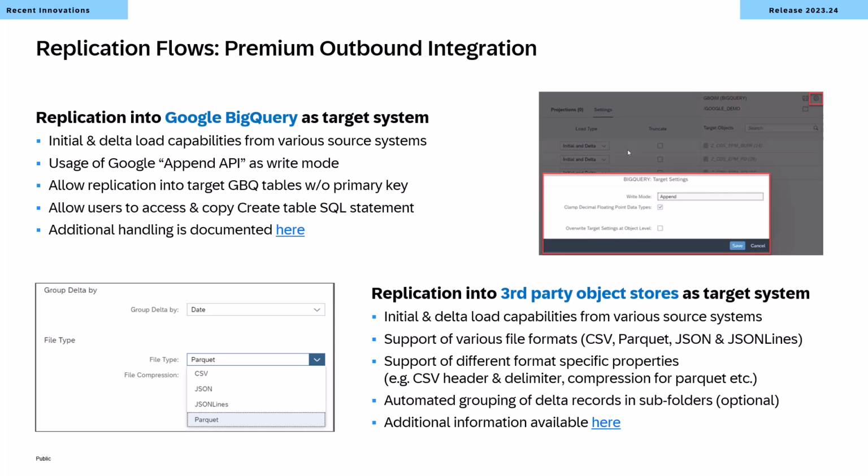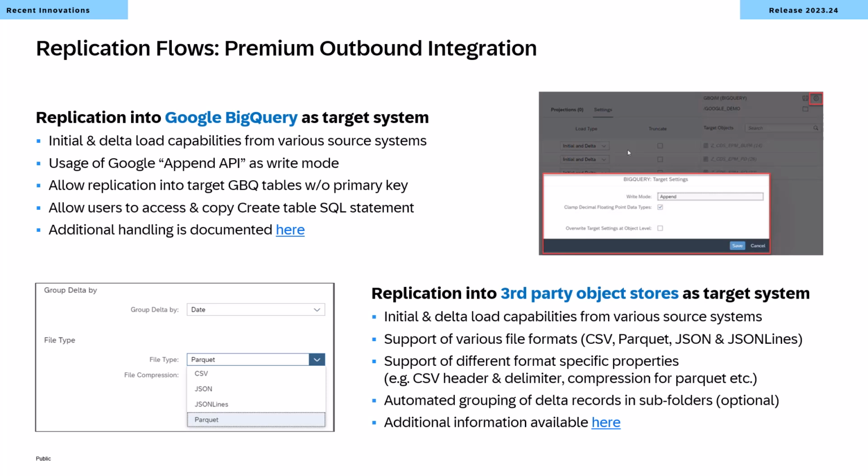And there's also in the documentation, and I will show you the online documentation pages here, a very detailed description on all the different settings and additional handling on that specifically for the Google BigQuery target.